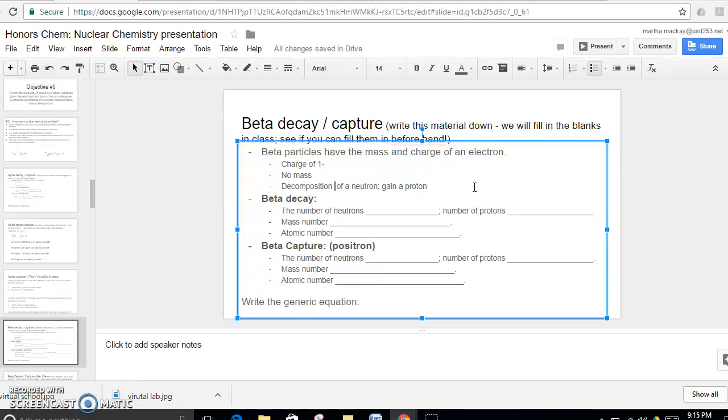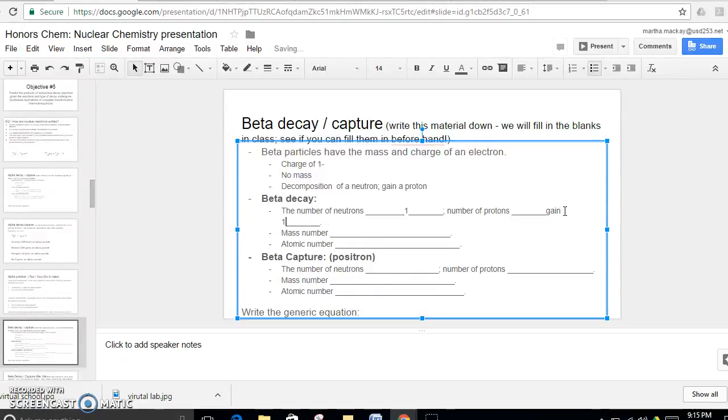So when you go through beta decay, it's a little bit more complicated. If you lose a beta particle, that means you are going to lose 1 neutron. So the number of neutrons lost is 1. If you lose 1, the number of protons is going to go up by 1.